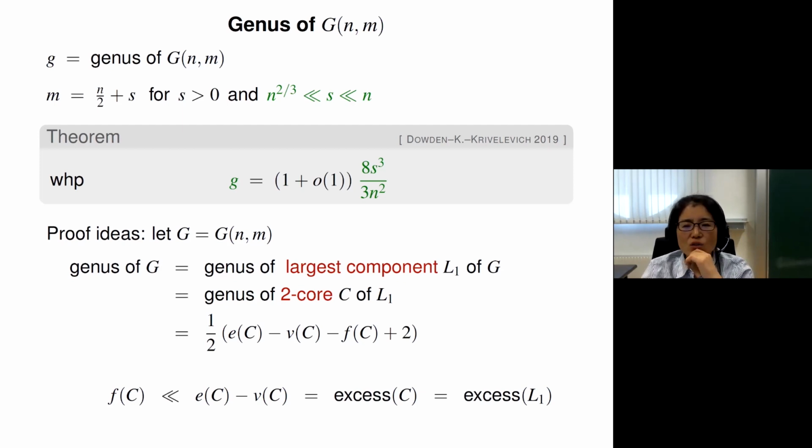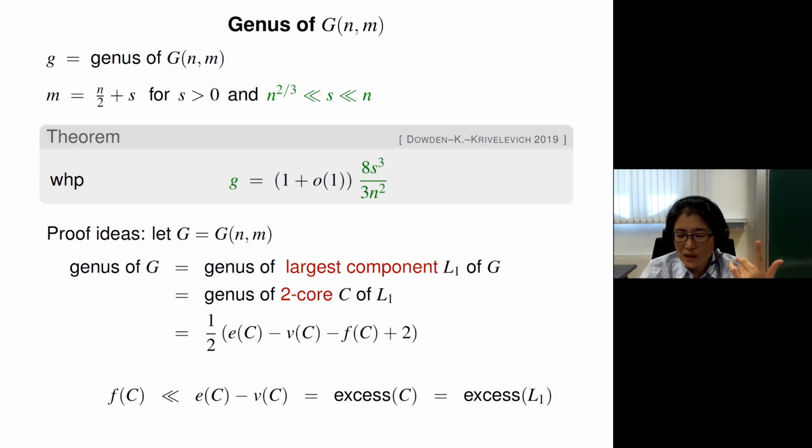How do we get such a result? We let G denote the random graph G(n,m) in this weakly supercritical regime. We observe that the genus of G is equal to the genus of the largest component of G. Why is this possible?